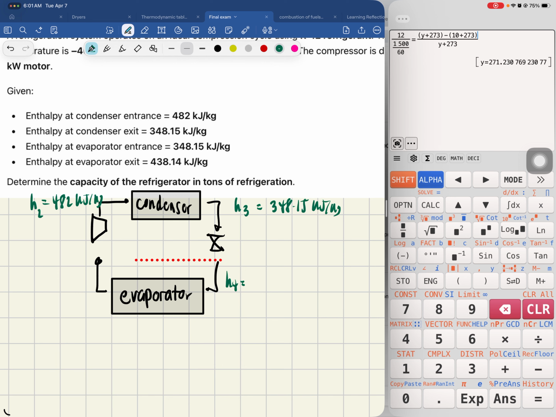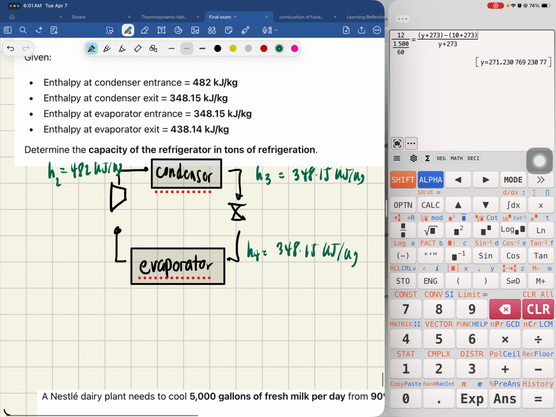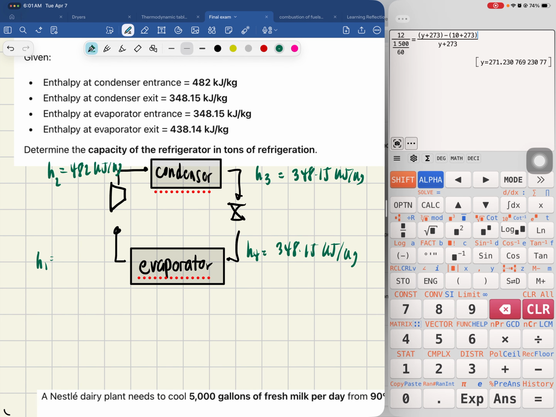And for H4, it should be the same because it undergoes an isenthalpic process through an expansion valve. At evaporator exit, H1 equals 48.14 kilojoules per kilogram.